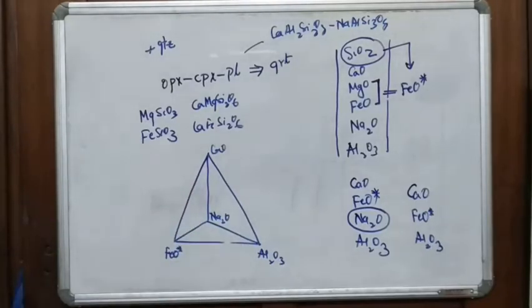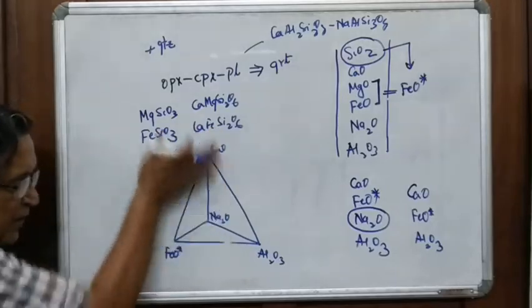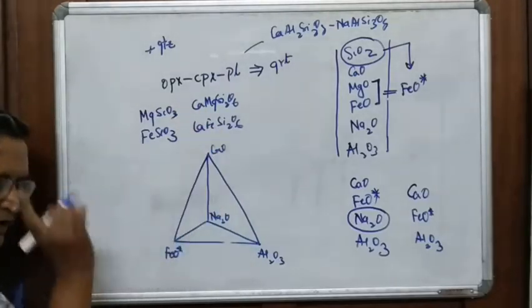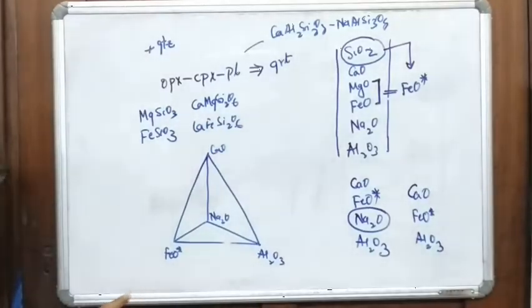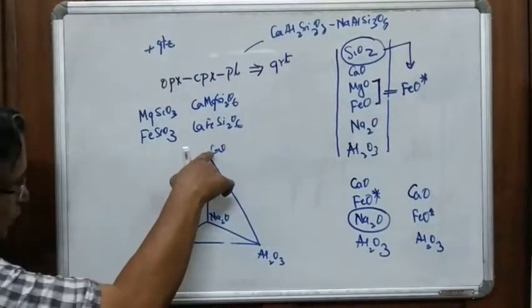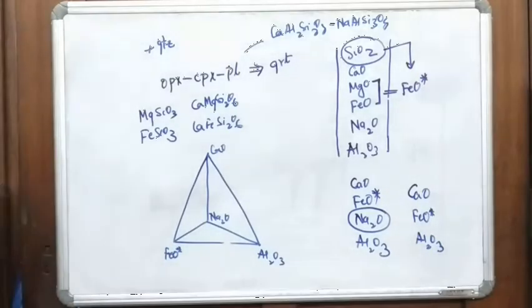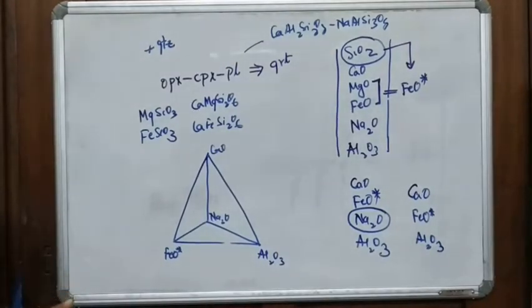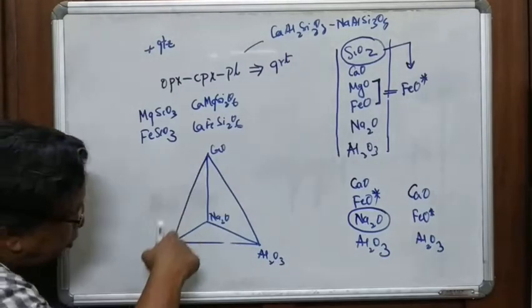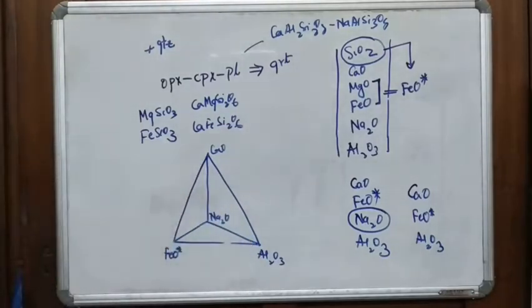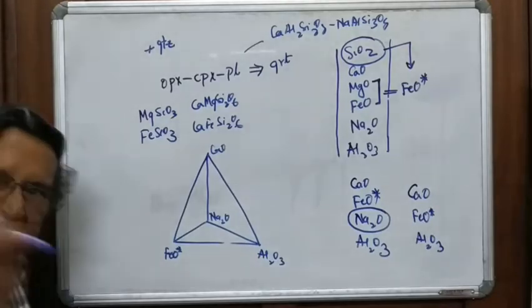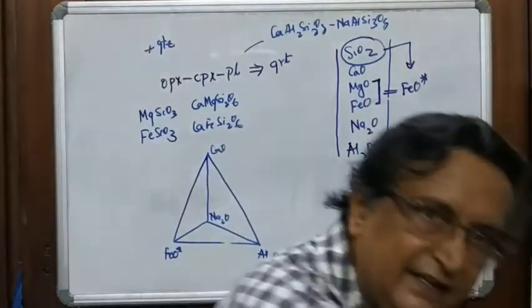Now you see on this, clinopyroxene and orthopyroxene will plot on the face CaO, FeO star, Al2O3. Garnet, which is Ca, Fe, Mg, Al, Si, they will also plot in the same face. But plagioclase will fall inside.